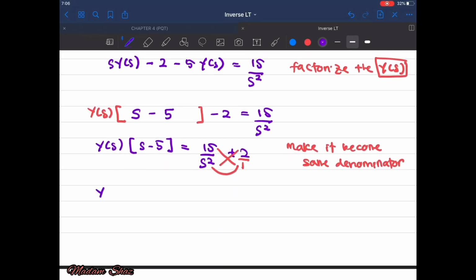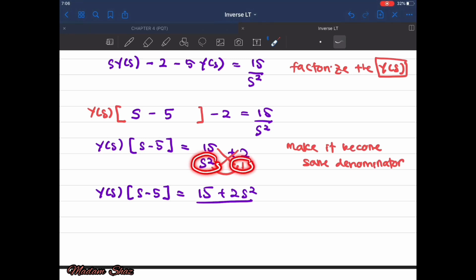On the left hand side, we just copy down. 15 multiplied with 1 will become 15. 2 multiplied with the s square will become plus 2s square. Divided by s square multiplied with 1, which becomes s square.